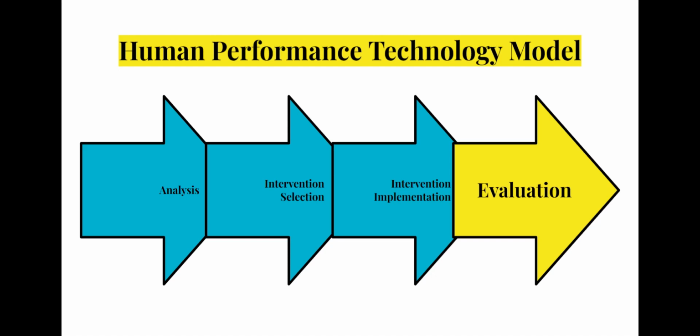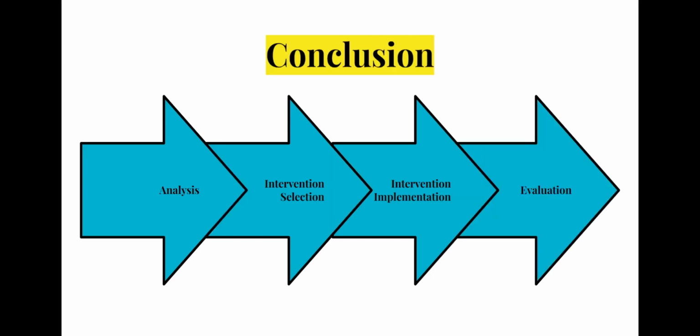Any changes that are required to best bridge any remaining gaps will go through the process once again to come to an additional evaluation. In this way, the cycle of analysis, intervention selection, intervention implementation, and evaluation will continually provide updated and effective instructional methods and educational technologies for students.